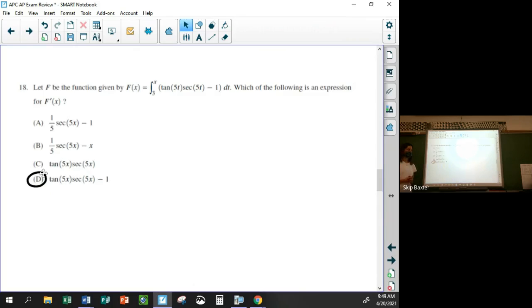What if these were switched and you had the integral from x to 3? Yeah, the negative. So what if it was 3x on the bottom and then 5x on the top?